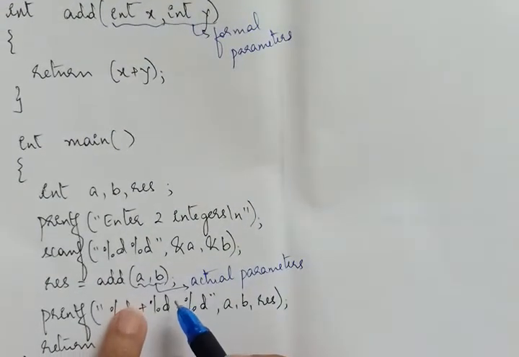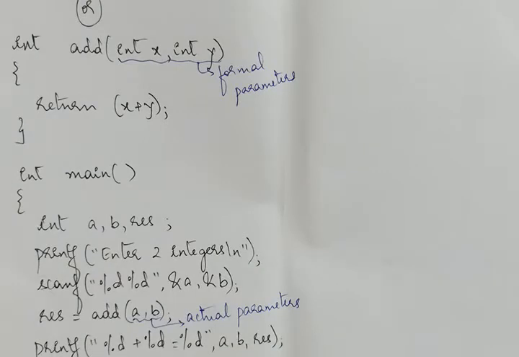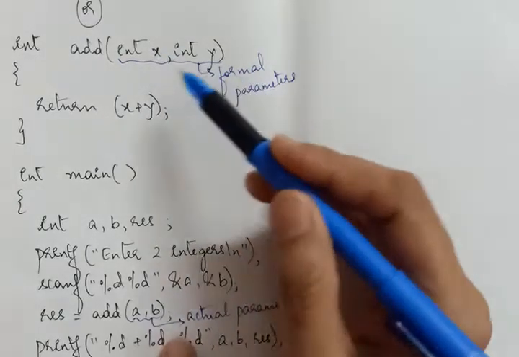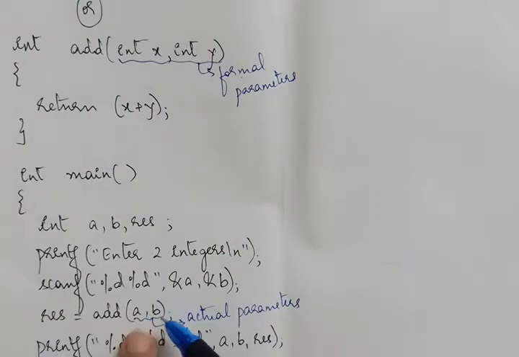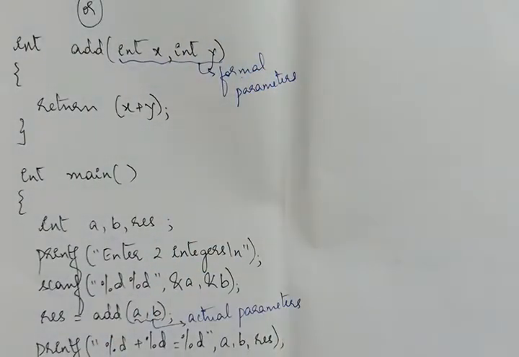So here I just wanted to show, in the previous example I had used the same names and I had told that they are stored in different locations, and it need not be the same names, it can be different names as well. So here a and b are used and here x and y are used, right? It need not be the same name is what I'm trying to say.